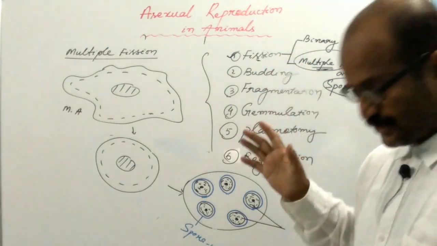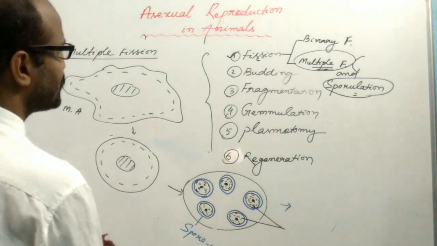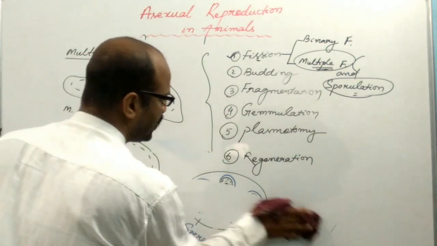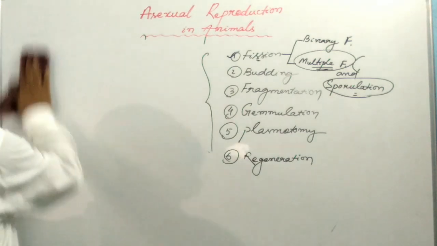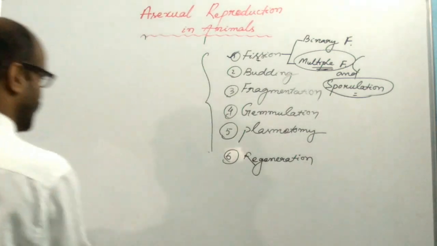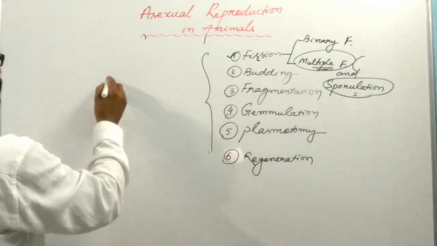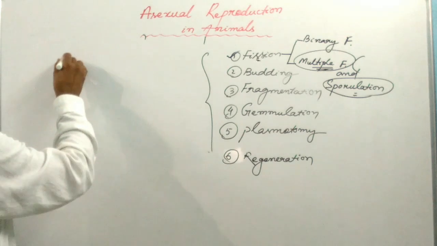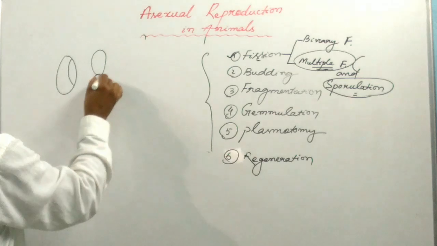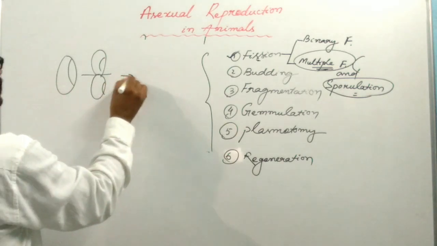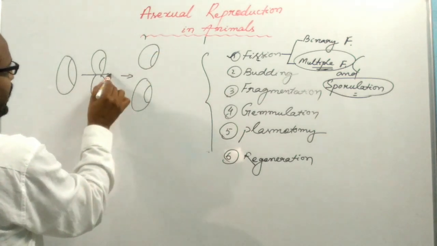Such fission processes are also divided into several types on the basis of their plane of fission. If the fission plane is transverse, then it is known as transverse fission. In case of Paramecium, the division takes place by transverse fission, that's why this is the transverse plane.